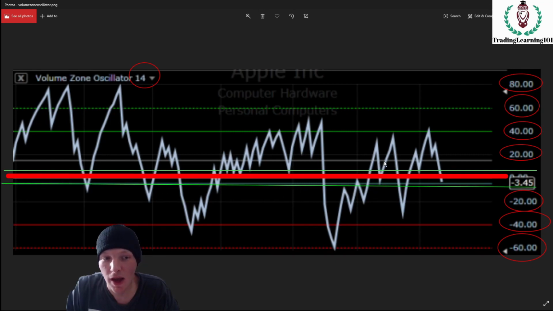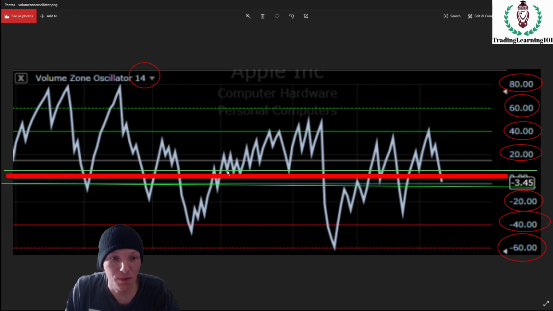Now what they say is, if you're bullish on the stock, what you want to look for is the volume zone oscillator to bounce off the positive 5% line, which is this top green line right here. And if you're bearish on the stock, you want to see it bouncing off of the negative 5% bearish line for strength. Or you could just use the 0 line.